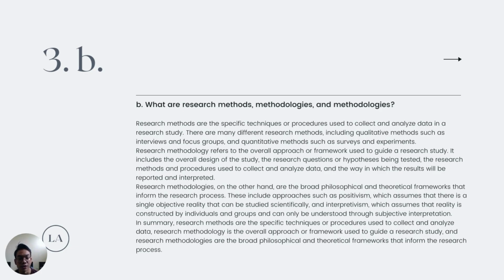These include approaches such as positivism, which assumes that there is a single objective reality that can be studied scientifically, and interpretivism, which assumes that reality is constructed by individuals and groups and can only be understood through subjective interpretation.